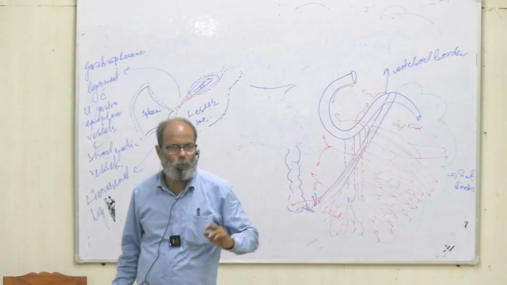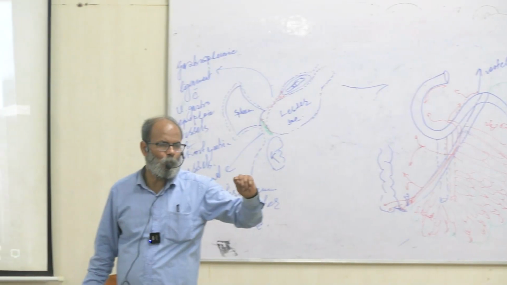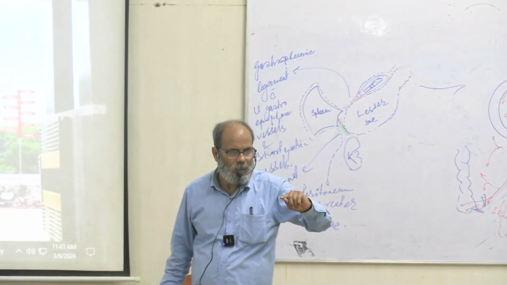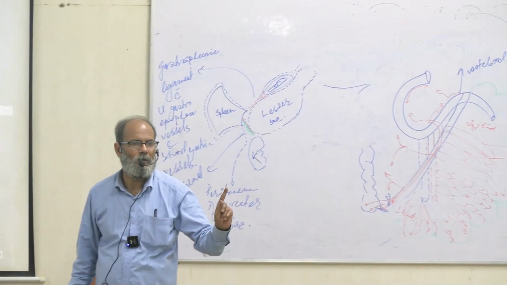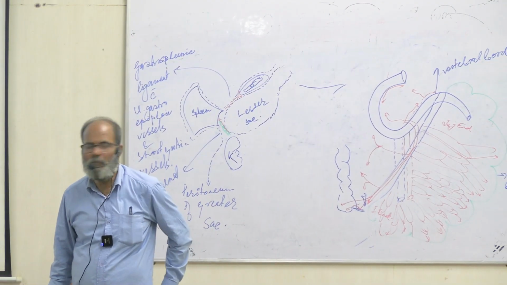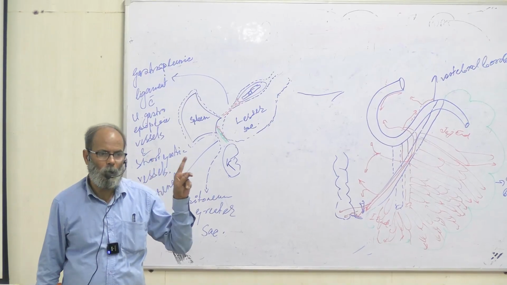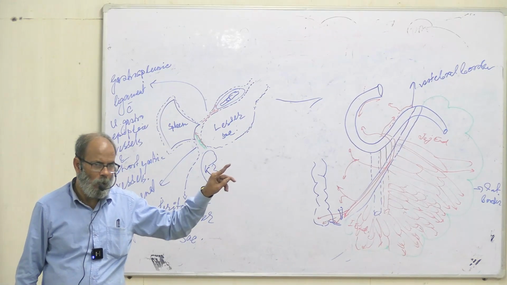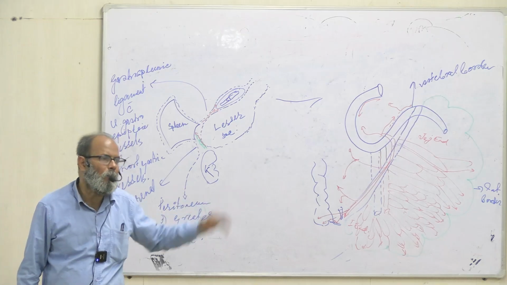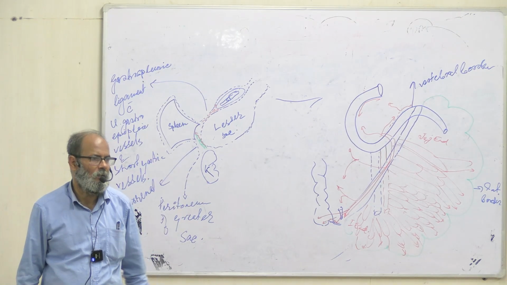The transpyloric plane is the lower border of L1. From there, 1.25 centimeter below and 2.5 centimeter from the midline, at the level of the upper border of L2. The lower border of L1 is the transpyloric plane, so 1.25 centimeter below will be the upper border of L2. This is the beginning of the root of the mesentery.